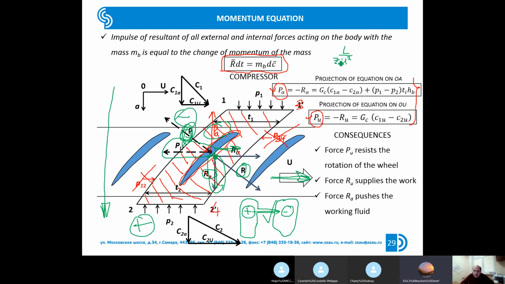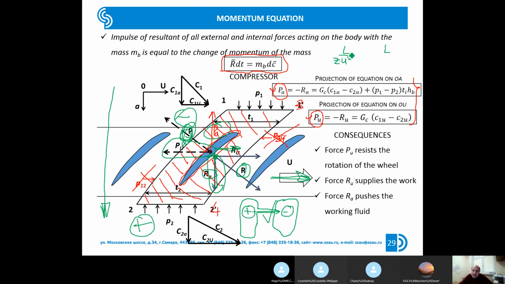Yes, Z is the number of stages, because from the thermodynamic calculation you know the specific work of all the cascades. You don't know the information about one stage from the thermodynamic calculation. We make the assumption that we distribute the specific work uniformly between the stages.